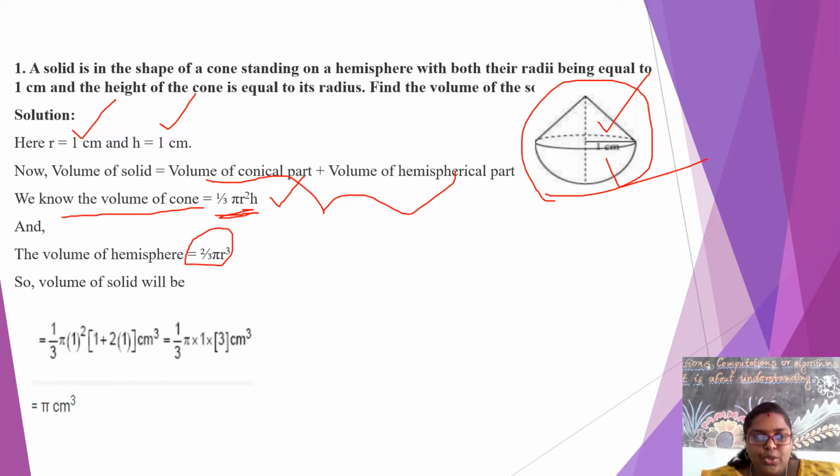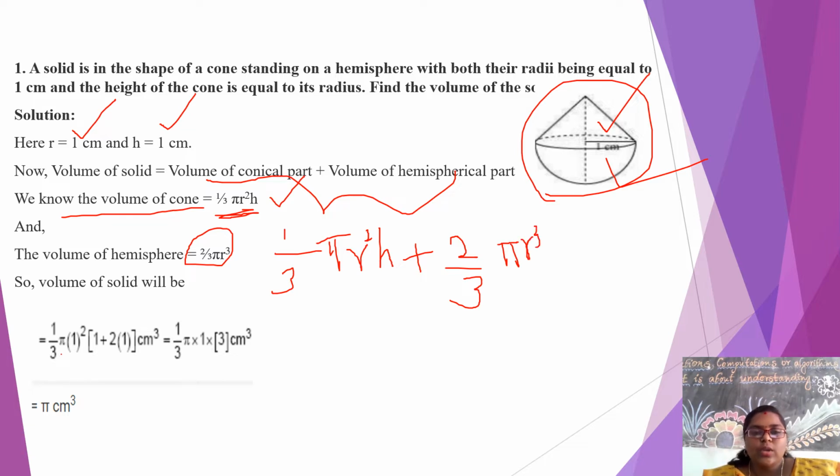So we substitute. The volume is 1 by 3 pi r square h plus 2 by 3 pi r cube.